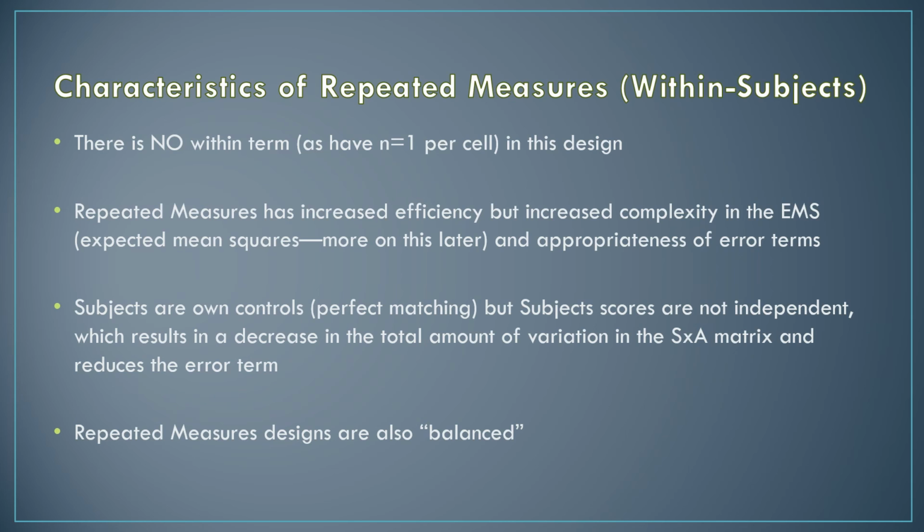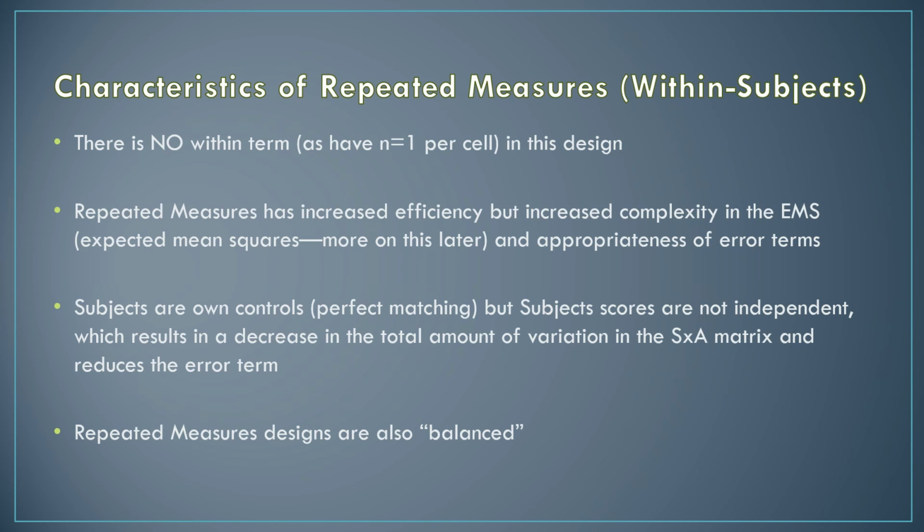There's a comparison between that individual and themselves at each level of the independent variable. But within each one of those levels, there is no way to compare within those groups because your within value is each individual.